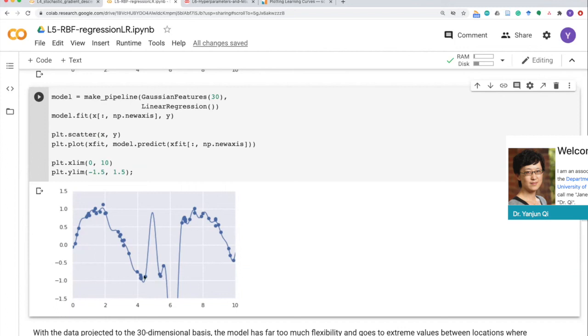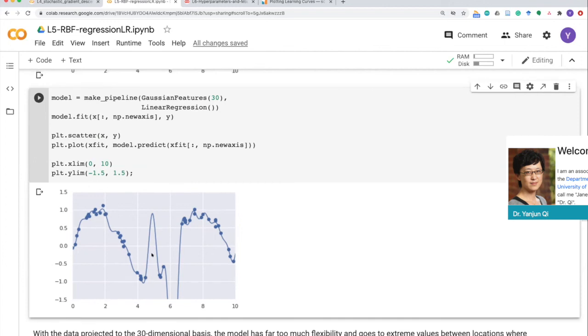It's because you have such a narrow bell, and that bell just tries to fit exactly around this region, but this region has no training data to tell this Gaussian kernel how to behave, so it just behaves according to the two boundaries, and in the middle it goes pretty wild.